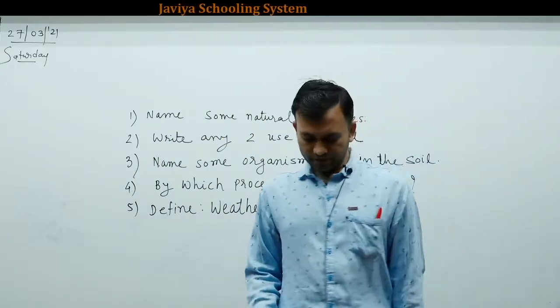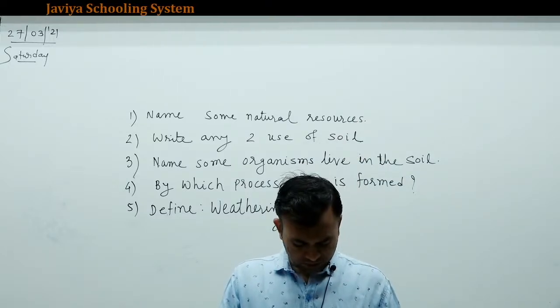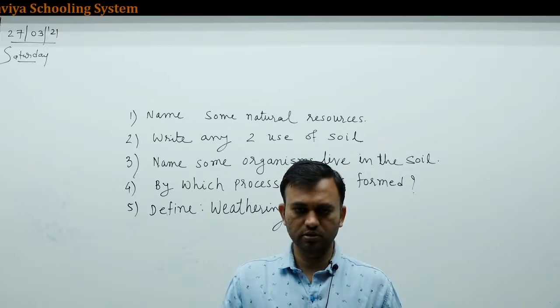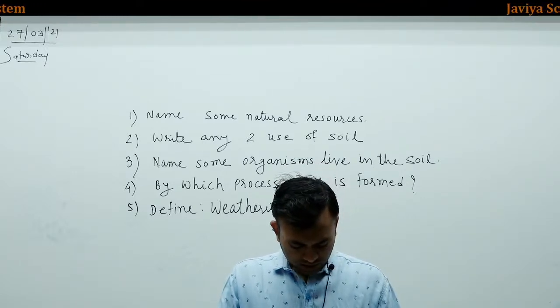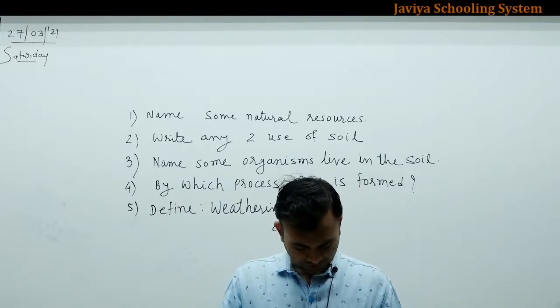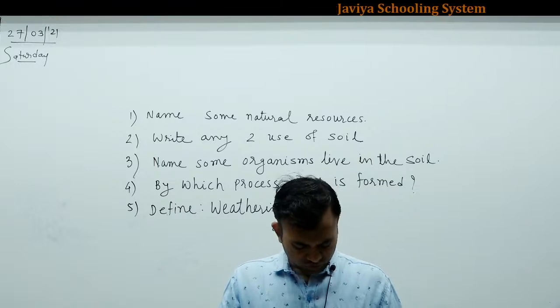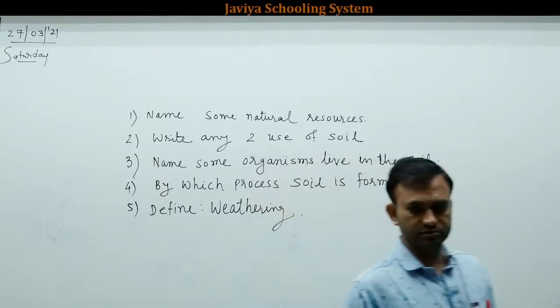So यहाँ पर weathering means the process of breakdown of huge rocks into small rock particles by the action of sun's heat, wind, rain, flowing water, climatic conditions. That is called weathering.